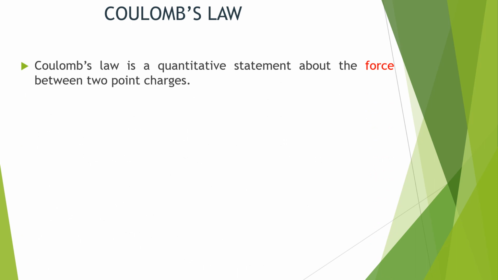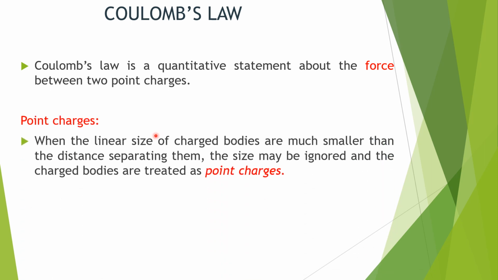Before going into the detail of Coulomb's law, we need to understand an important term we are using throughout this chapter, that is point charges. By definition, when the linear size of the charged bodies is much smaller than the distance separating them, then we can neglect the size, right?